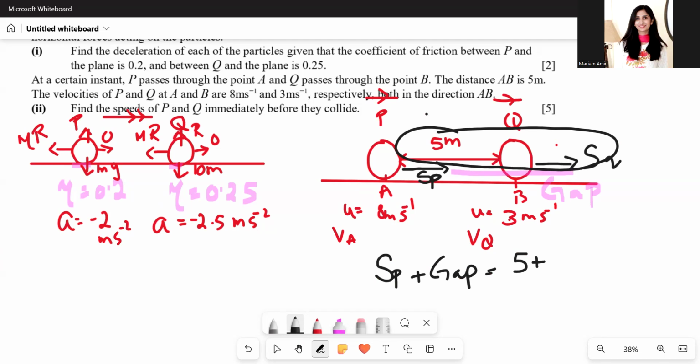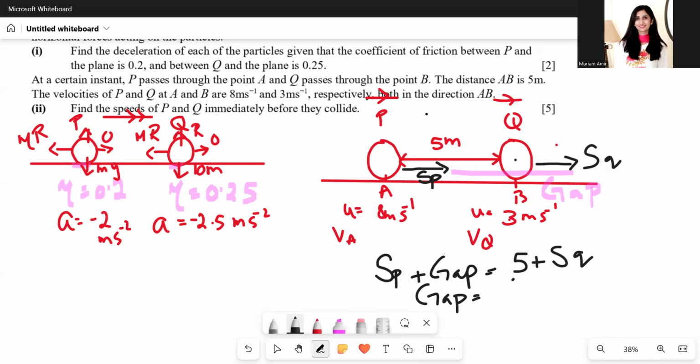Don't get confused by this big circle I've made. Consider it to be a dot. So this would be 5 and this would be s. So 5 plus sQ is equal to sP plus gap. Make gap the subject: 5 plus sQ minus sP.